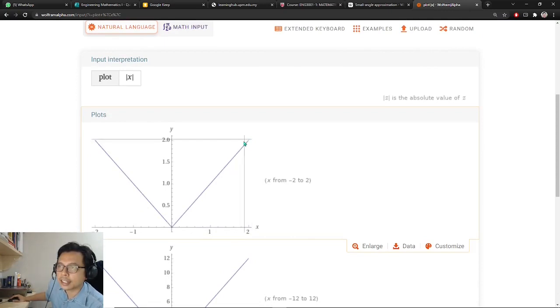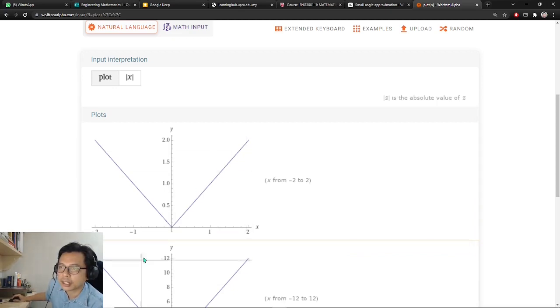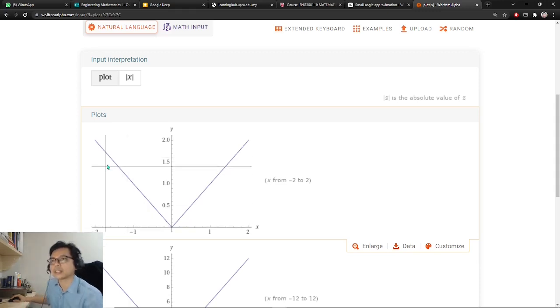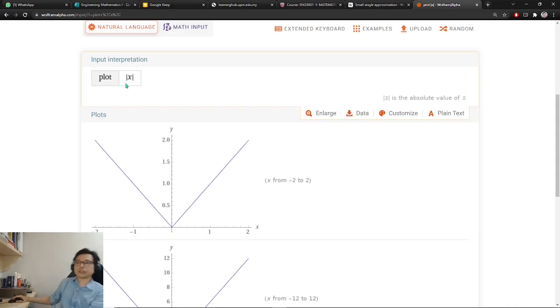It looks like a V. You can imagine if you have f of x equal x, which is a straight line, but if x is less than 0, the value of f of x is going to be positive because it's all absolute value. So, okay, this is the function.